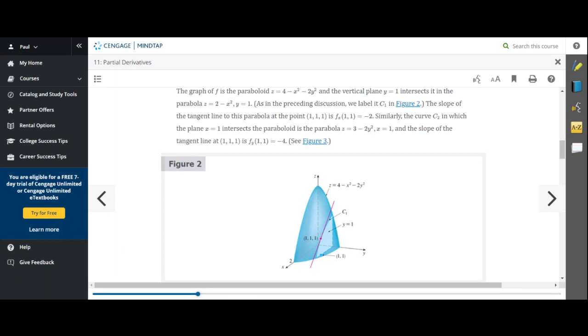Well, okay, think about the derivatives we just computed. Is this tangent line pointing in the x direction? I mean, is it parallel to the x-axis or the y-axis, that tangent line in figure 2?